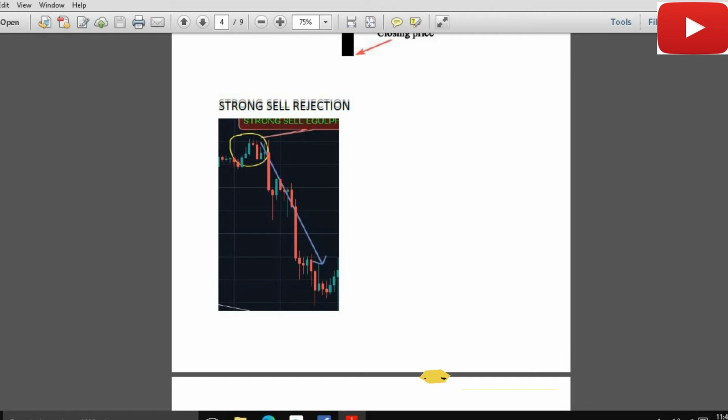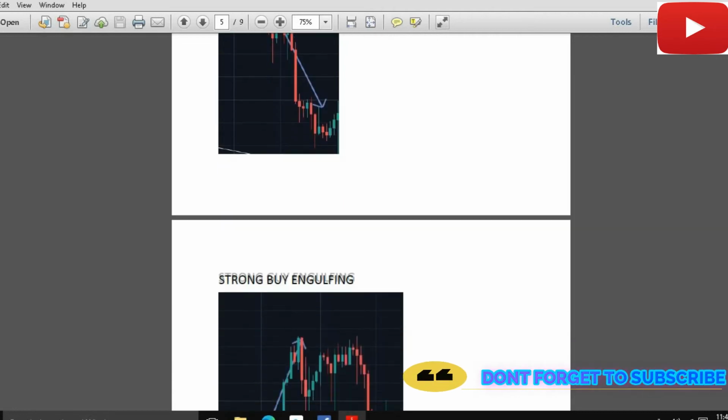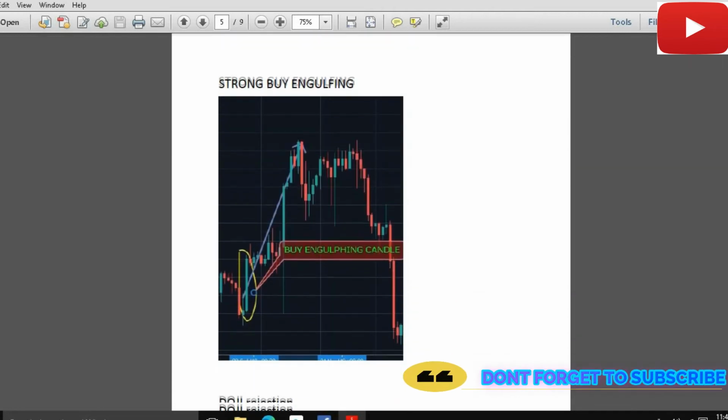Right, so we continue on our engulfing candles. This is a strong engulfing candle. It has engulfed this sell candle, and a buy candle engulfed it and resulted into a huge buy.